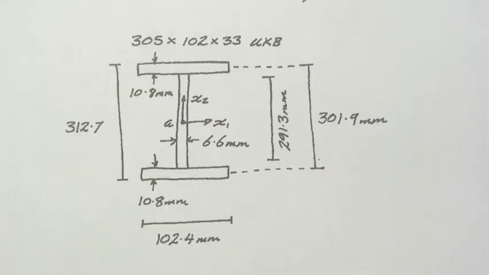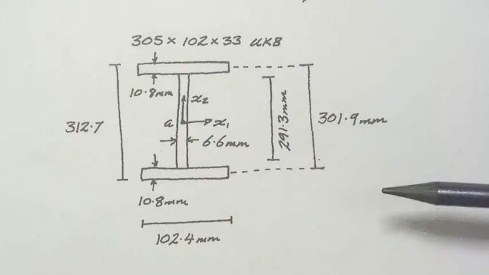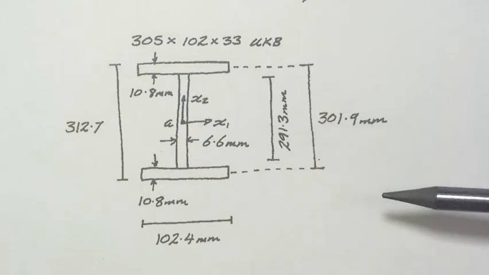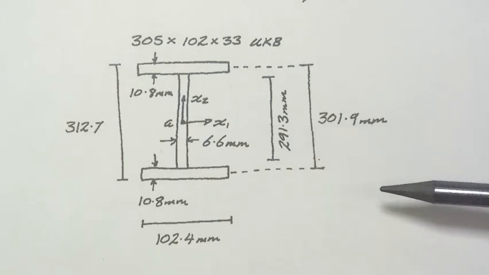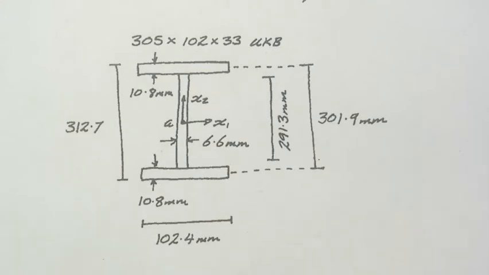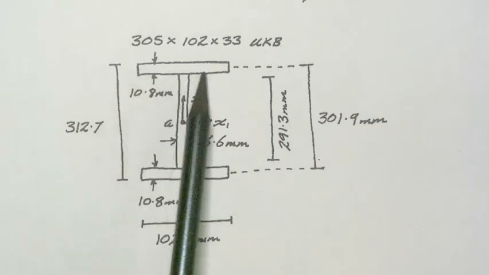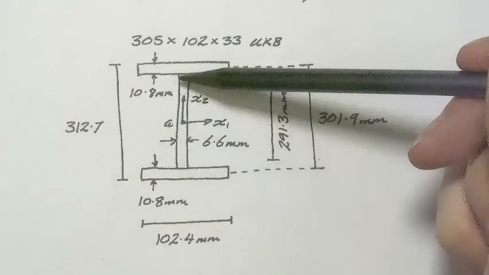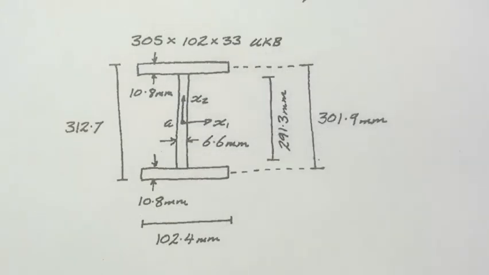What I'm doing in this diagram here is making some assumptions. When we draw the stress distribution, we're going to draw it as if we're finding it along the center lines of the different parts of the cross section. That means we're interested in finding it along the center line of the flanges here and here, and then also coming down the center line of the web there.